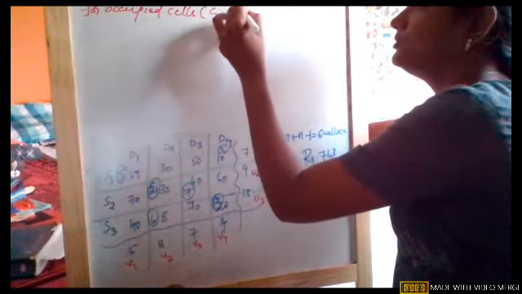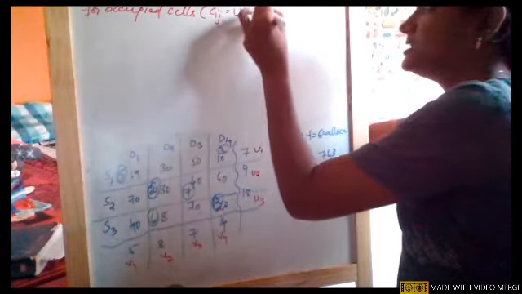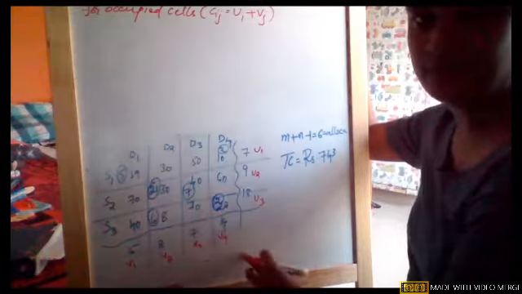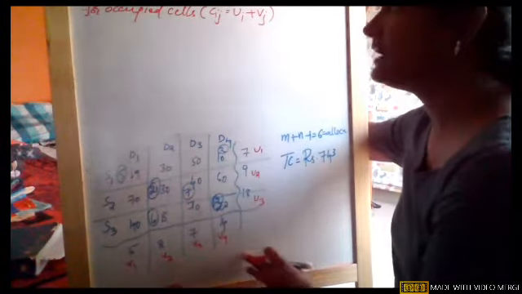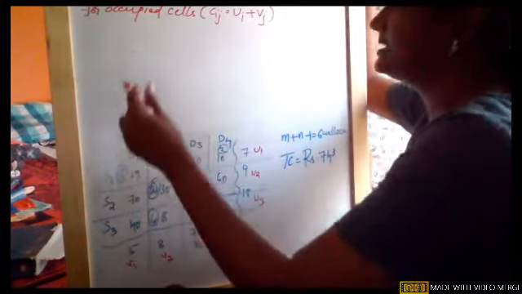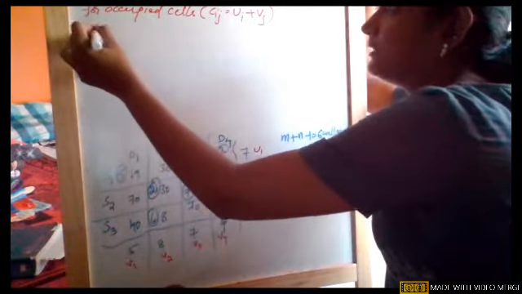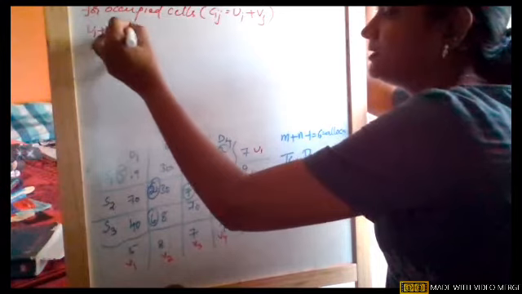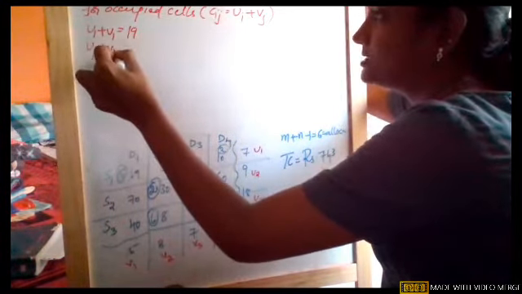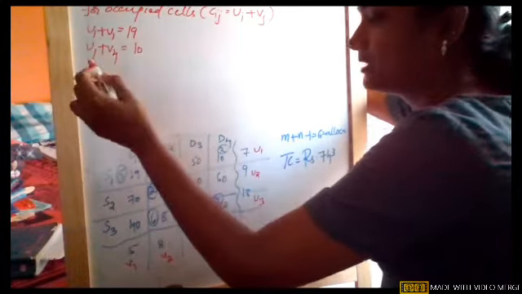Cij is equal to Ui plus Vj. I already named U1, U2, U3, V1, V2, V3 and V4. We are going to find the values for them. For the first occupied cell, it is the same: U1 plus V1 is equal to 19. U1 plus V4 is equal to 10.